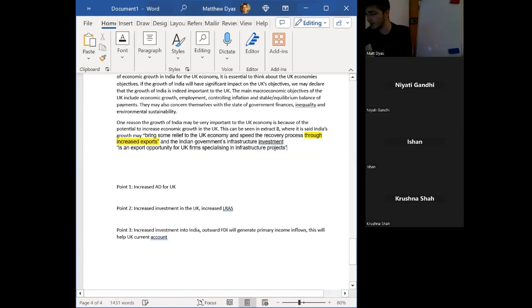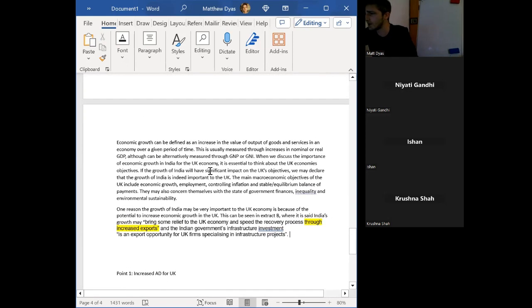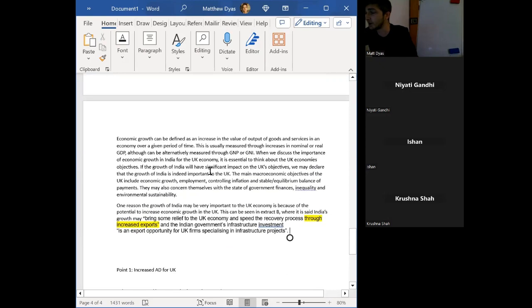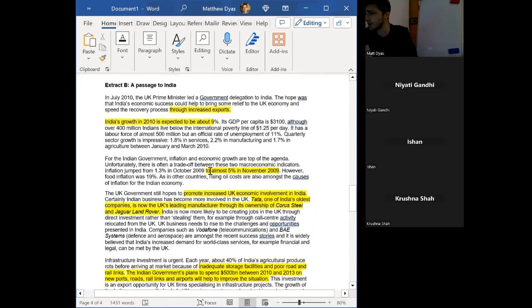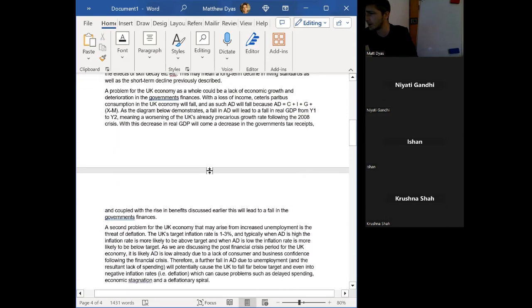And maybe I will be able to do this on time, because one of the nice things about macro is once you learn certain strategies for explaining things, you can just regurgitate a certain method, a certain path to explaining something. If I go up to my previous answer where I explained how AD will fall and this will reduce growth, I can basically just reverse.